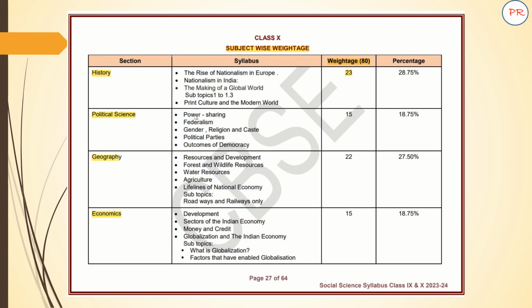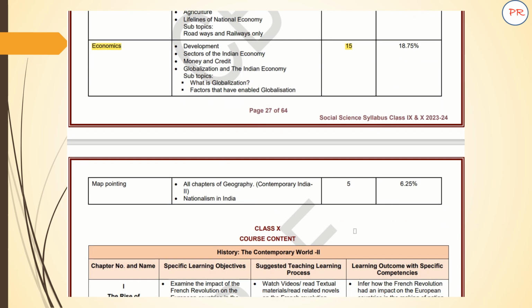This is the political science syllabus. It will be asked only for 15 marks. Geography will be asked for 22 marks and economics for 15 marks. And 5 marks have been allocated for map work.